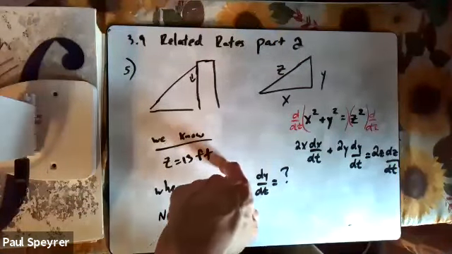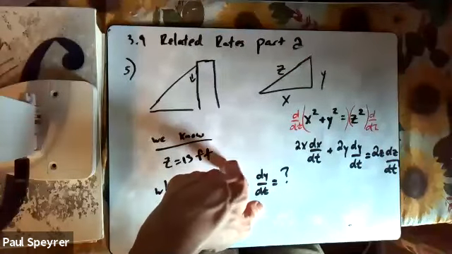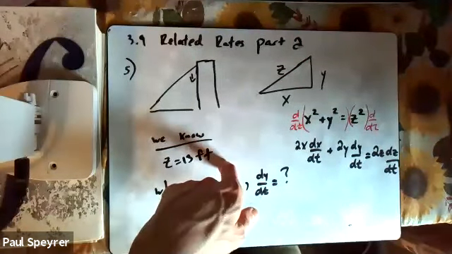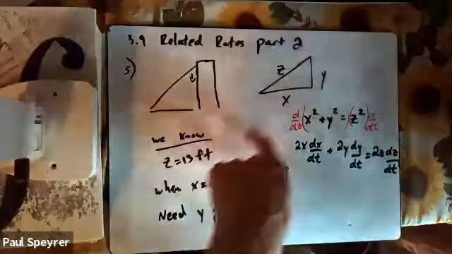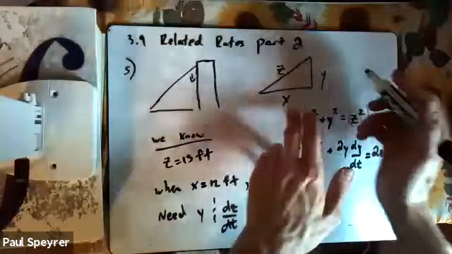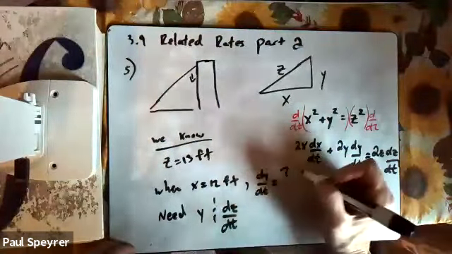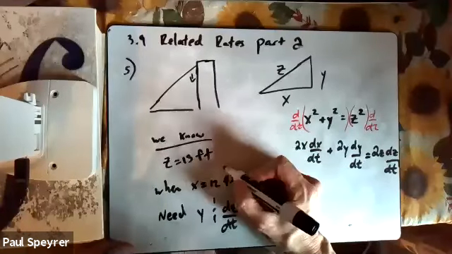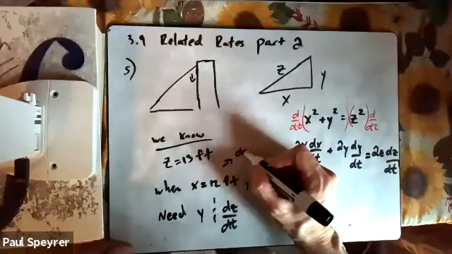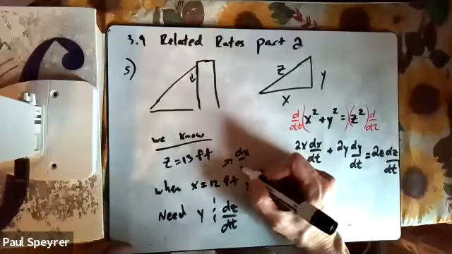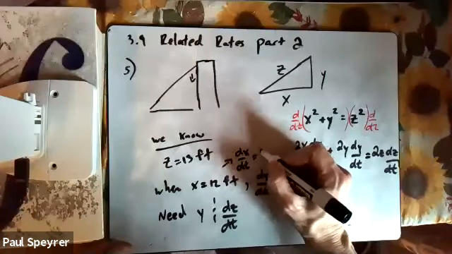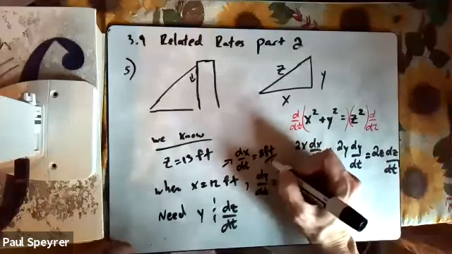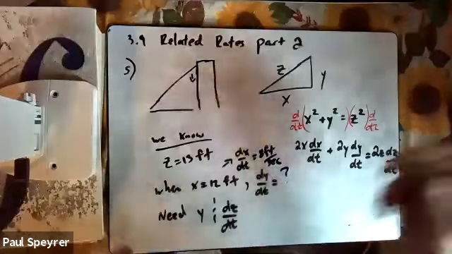Because it says when the base is 12 feet from the wall and moving at a rate of 8 feet per second. So that means x is sliding away, correct? It's moving at 8 feet per second. So we also know dx dt is 8 feet per second. So we need a couple things, right?